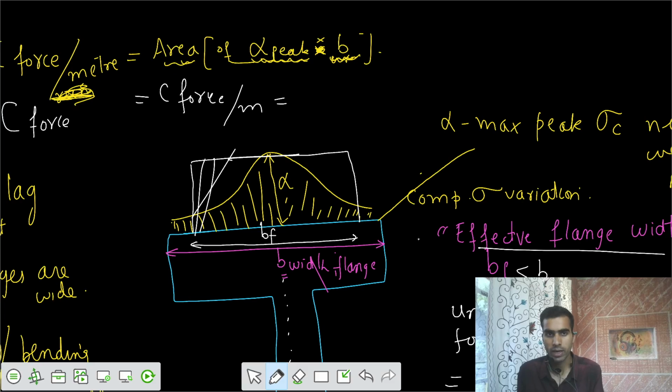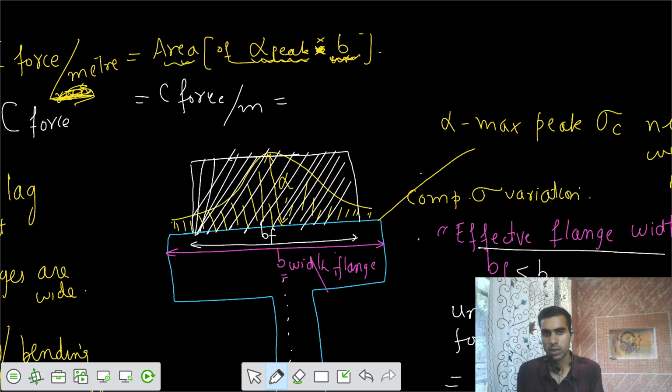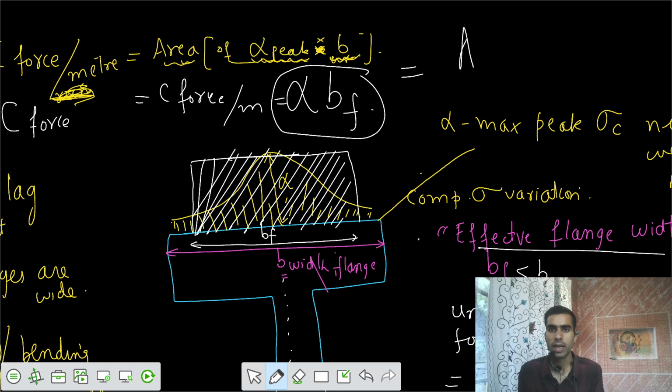Now I define this: the total force alpha times BF equals the area under the actual stress variation over the total width of B.